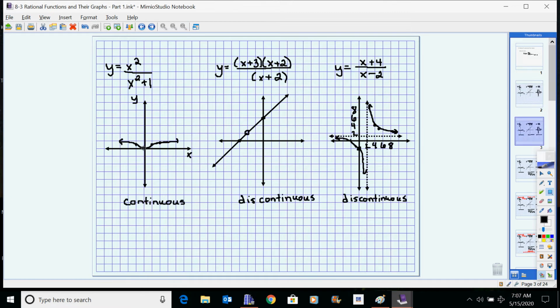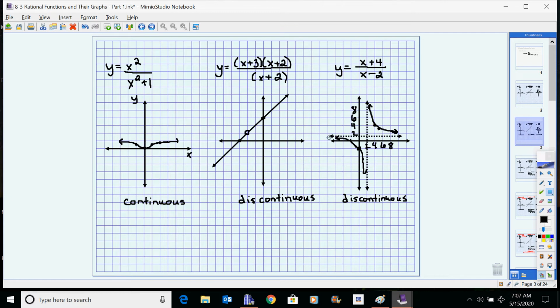there's a difference between whether it's continuous or what we call discontinuous, and you're going to need to be able to recognize that. Continuous means that wherever you start drawing your graph, you can keep drawing your graph without picking up your pencil at all. It continues on and on and on as you go from one x value to another x value. A discontinuous one, if you start at a place, in order to finish it, you have to pick up your pencil and then go on from there.